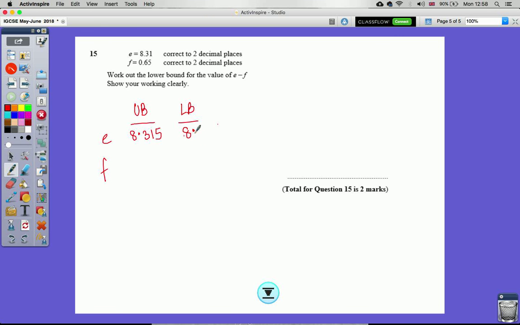Because it says correct to 2 decimal places, so we remove half unit to get the lower bound and add half unit to get the upper bound.